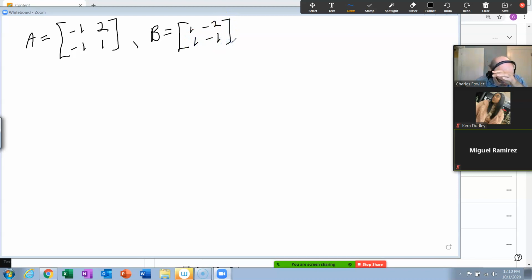Now, what we're asked to do is to show that B is the inverse of A. And of course that would imply that A is the inverse of B as well. Well, how do you show this? You multiply them together. So AB would then be obviously a 2 by 2, because both of those are 2 by 2s.